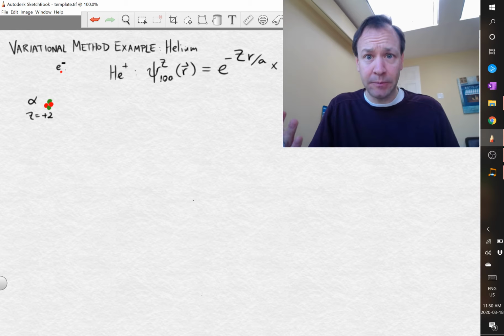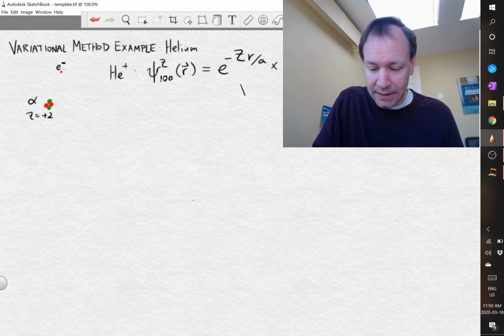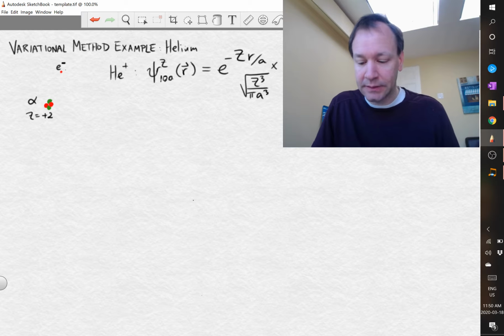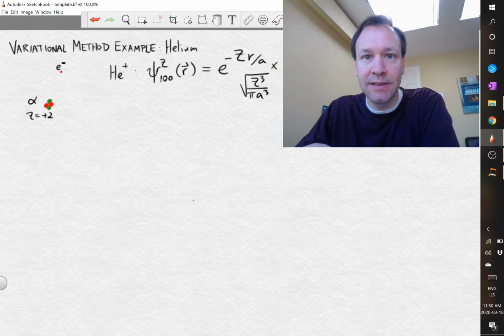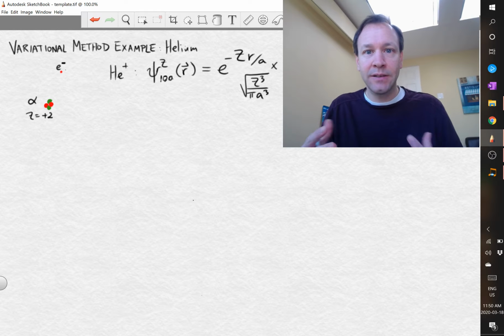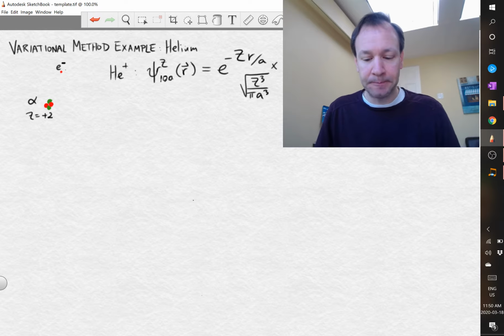But then we have to multiply by a normalization constant, and that turns out to be the square root of Z cubed over pi a cubed. Remember, a is the Bohr radius. That normalization constant is there so that the integral over all of space of the square of that wave function gives 1.